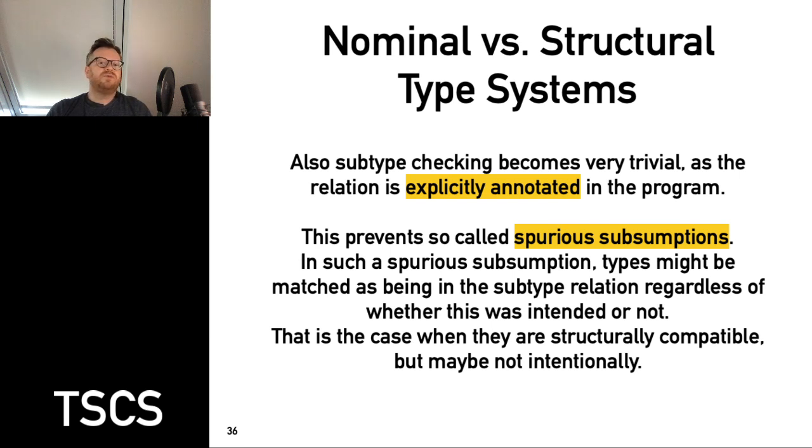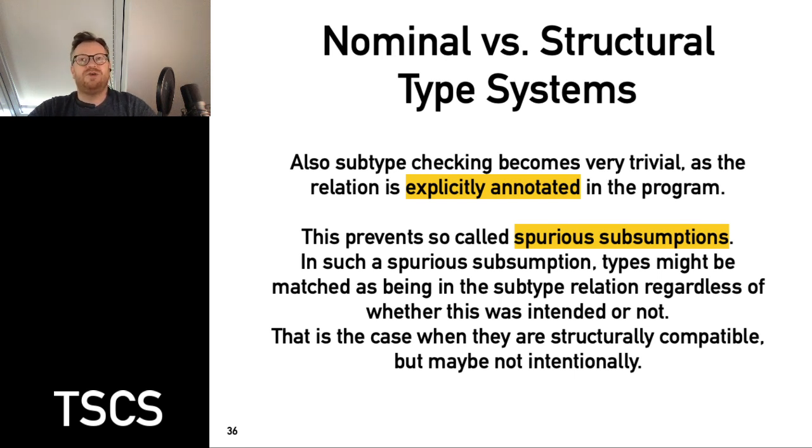It also prevents so-called spurious subsumptions. Spurious subsumptions are pretty interesting because in a structural type system, types might be matched as being in the subtype relation, regardless of whether that was intended or not. You did not explicitly state in a record type that one record is the subtype of another. That is decided by the type checker for you.